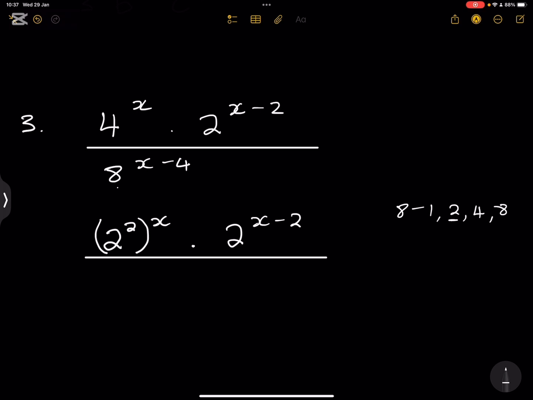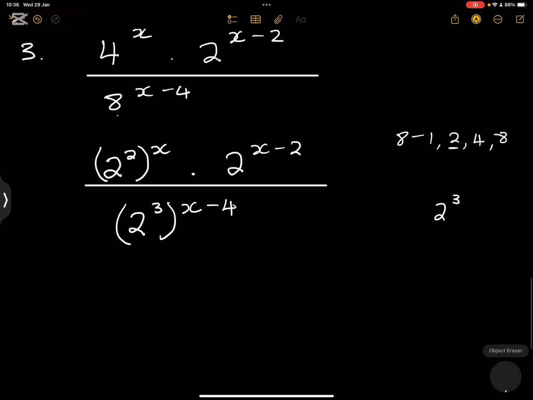In this case, 2 is a prime number. So 8 is 2 raised to the exponent of 3. Remember, 2 times 2 times 2 gives us 8. So I'll write that as 2 to the exponent of 3, and I'm going to raise this to x minus 4.